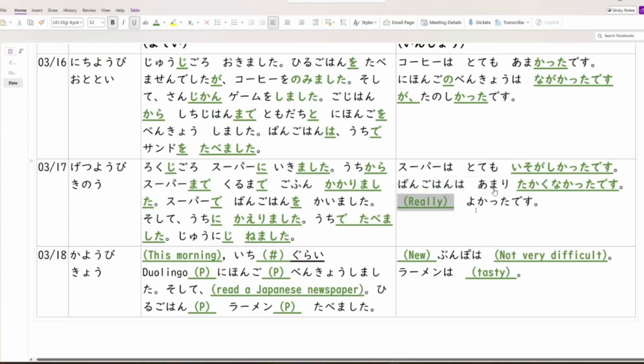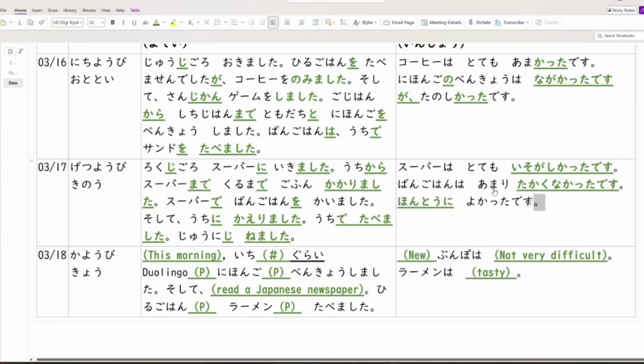Totemo. Is there more that needs to happen there? So I want to draw a distinction between totemo and this other word. Think of this as like very. So the supermarket was very busy. Is this hontō? はい、本当に. 本当に.